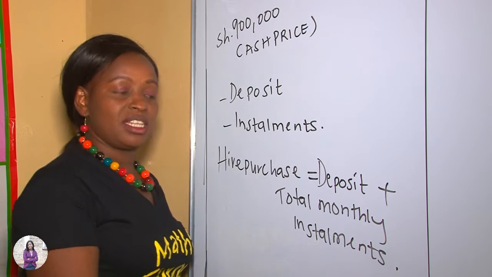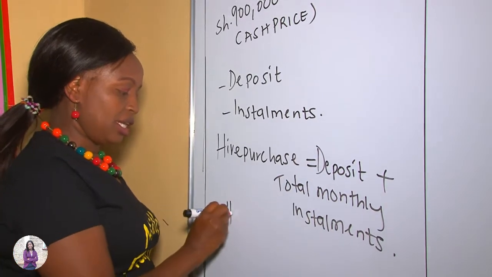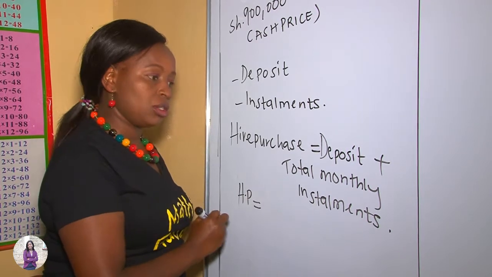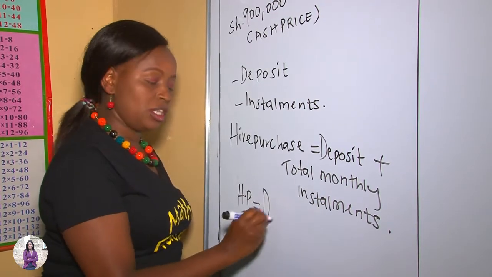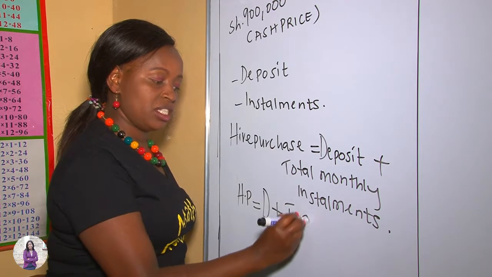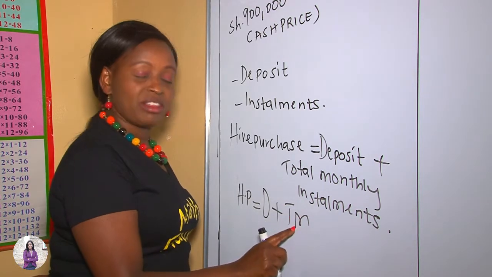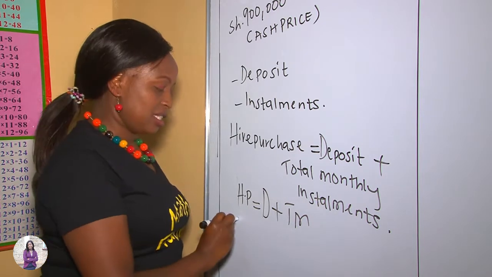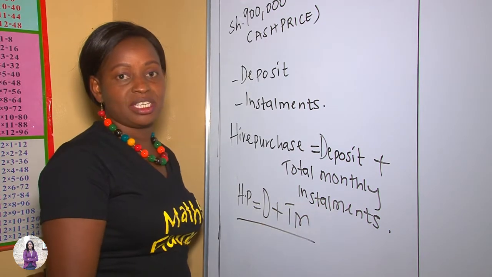We can abbreviate that to say hire purchase, HP, not a laptop. HP for hire purchase is equal to deposit, D for deposit, plus total monthly installments, TM. TM for total monthly installments. And this now gives us the formula for getting hire purchase.